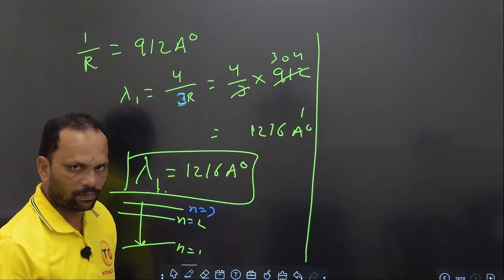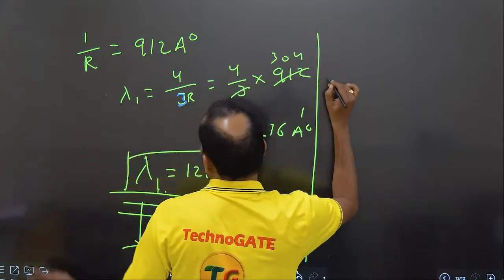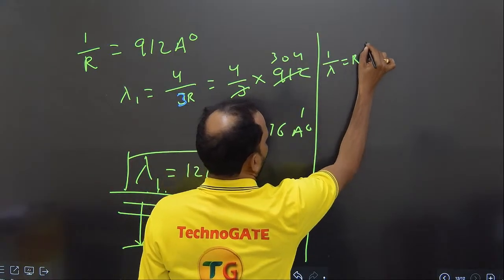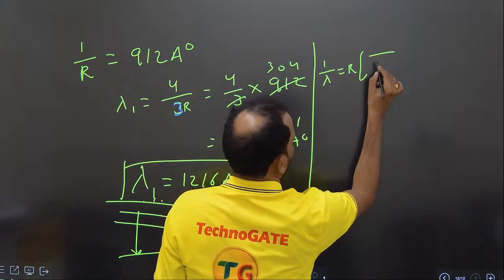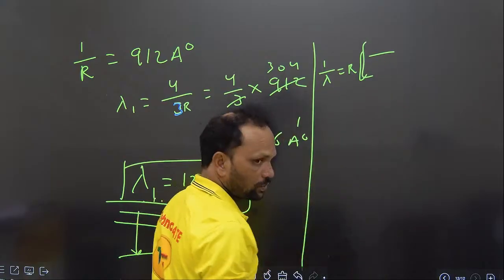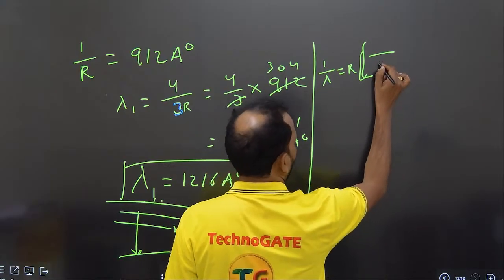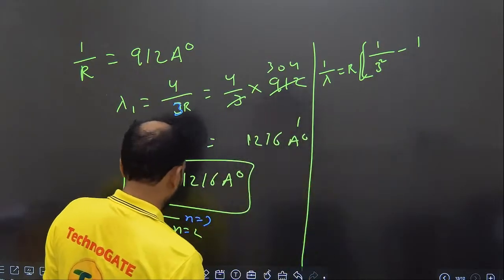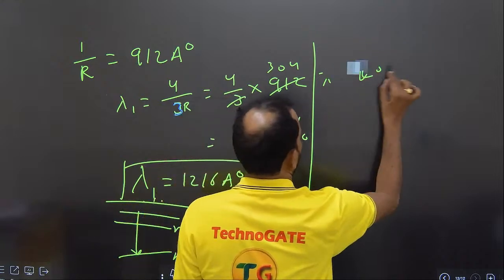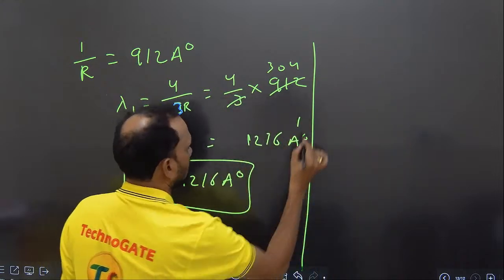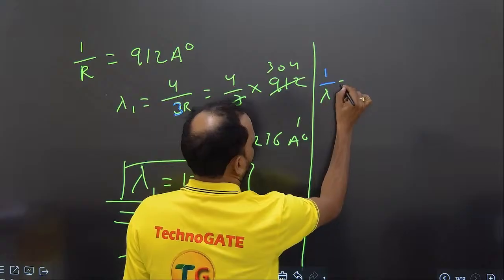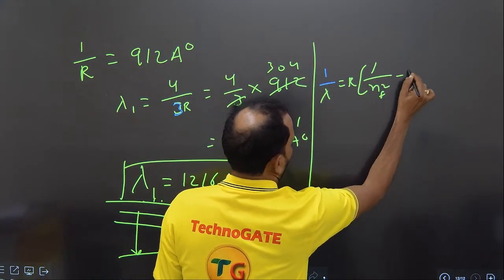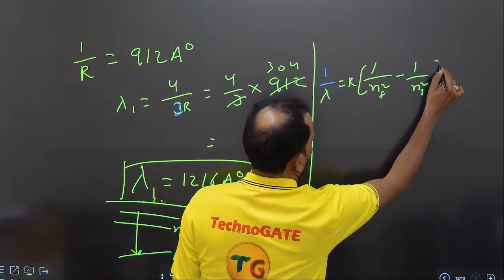So 1 by lambda is equal to R into 1 by n final square minus 1 by n initial square.